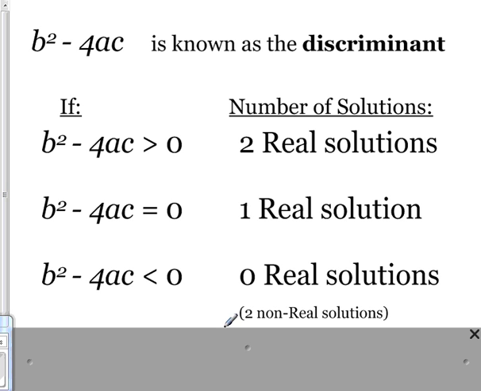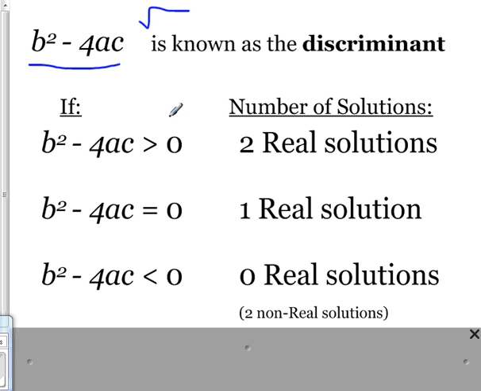So back to this from the other day. If this is positive, you get 2 real solutions. If it's 0, you get 1 real solution, so it crosses the x-axis once. If it's negative, it doesn't cross the x-axis at all. We're talking about the discriminant here, the stuff under the square root. If you take the square root of a positive number, you get 2 answers.